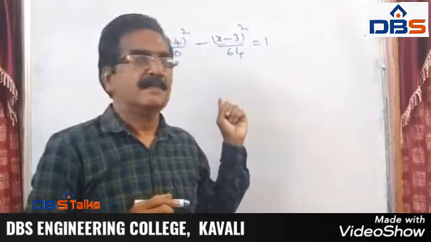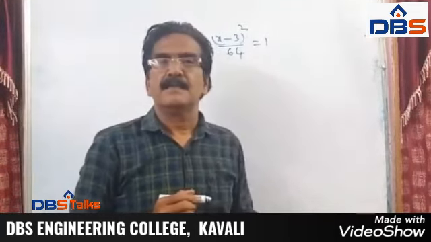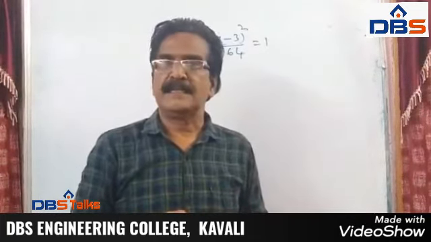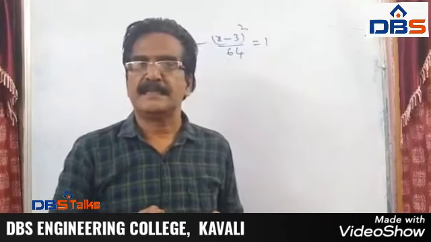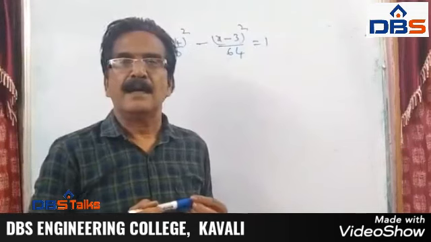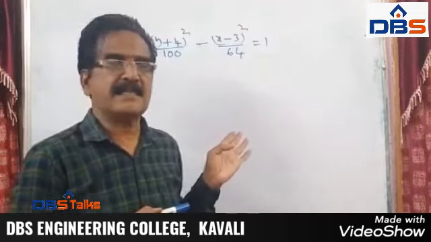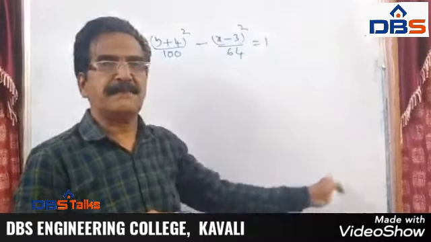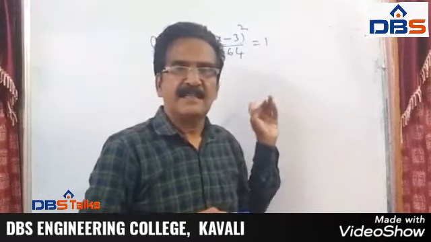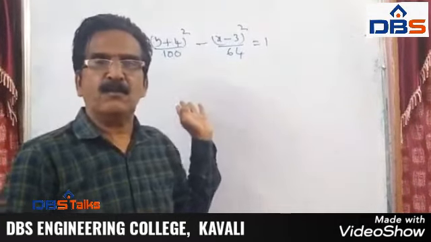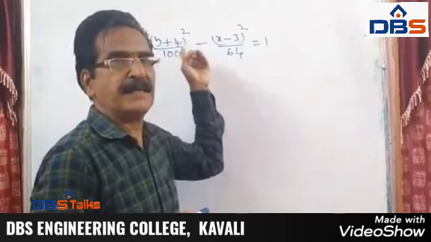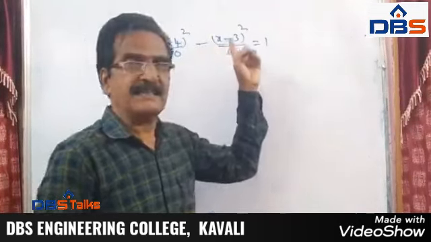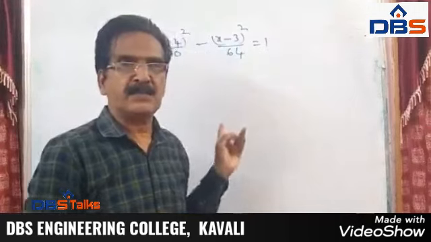Right friends, this is in the form of center at (h, k) and transverse axis is parallel to the y-axis. This is (y - k) whole square by a square minus (x - h) whole square by b square is equal to 1.